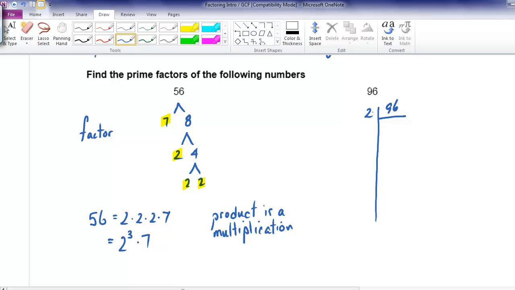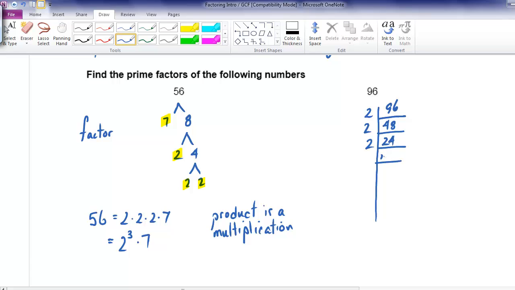So we have to know a few divisibility rules, like numbers even, so it's divisible by 2, and so on. So we're going to keep on breaking this down. So every time I write one of the factors, I'm unmultiplying. I am dividing it out.